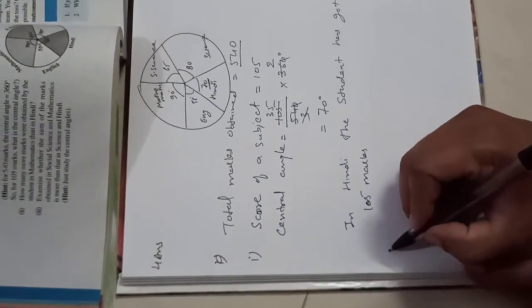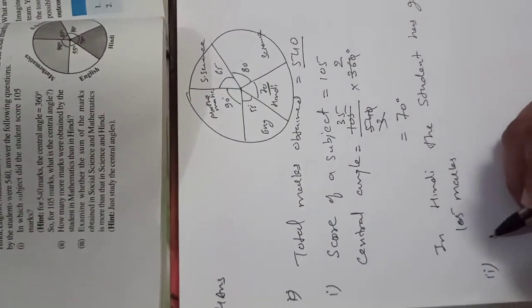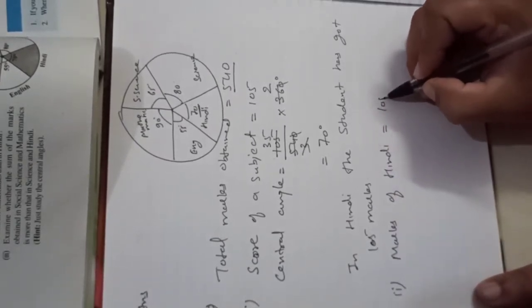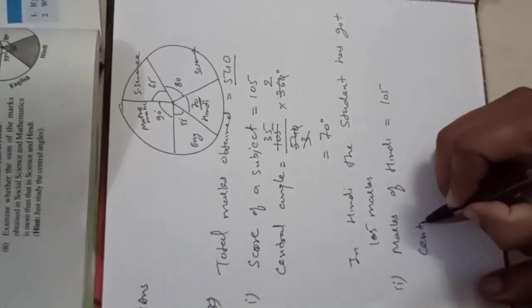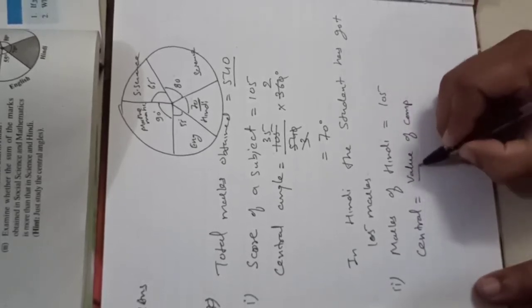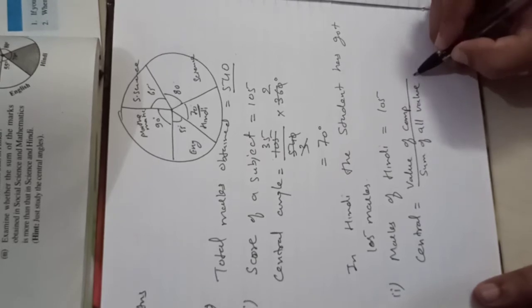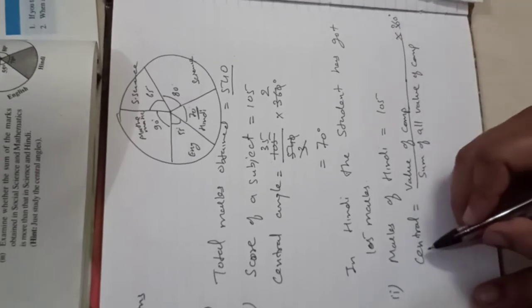Now we are starting the second part, and in the second part it is given how many more marks were obtained by the student in mathematics than in Hindi. The marks of Hindi we already know, 105. But the marks of mathematics we don't know, but we know the formula: central angle equals the value of component upon the sum of all values, into 360 degrees.